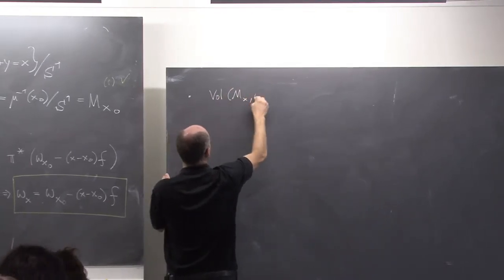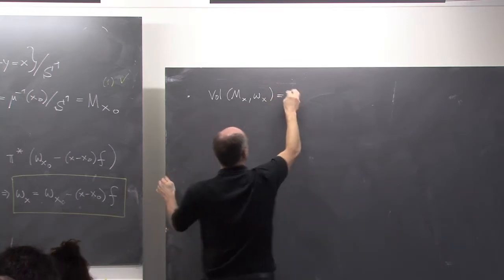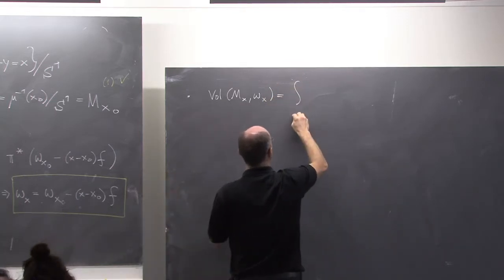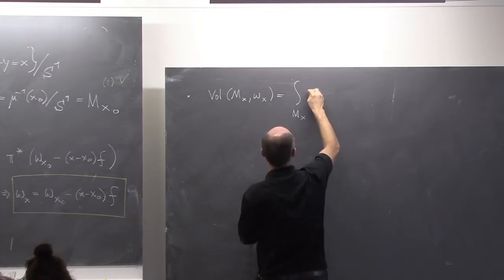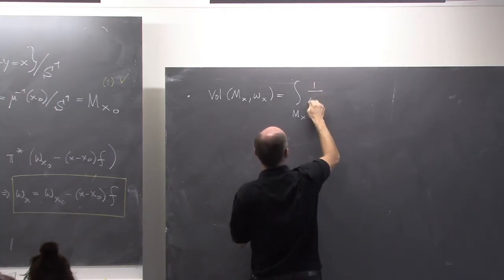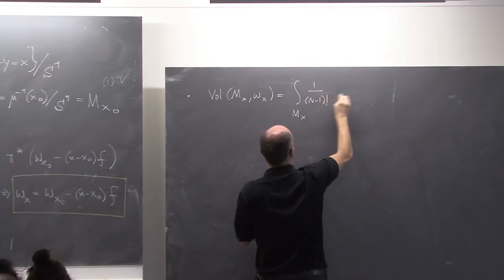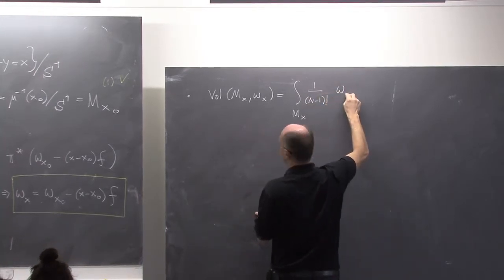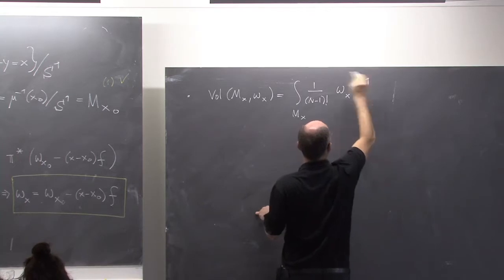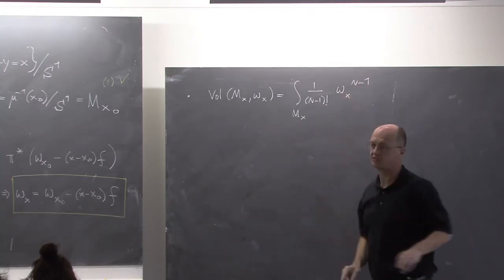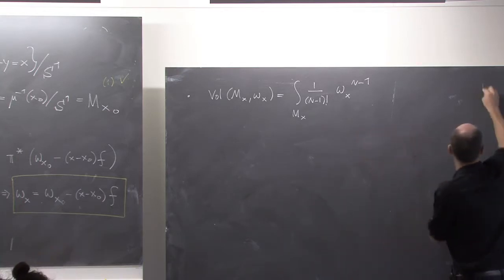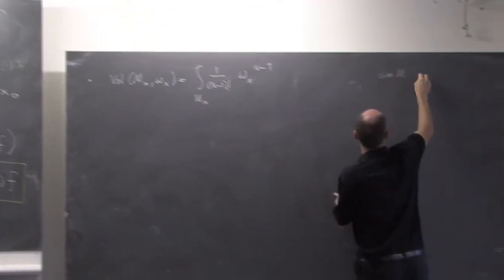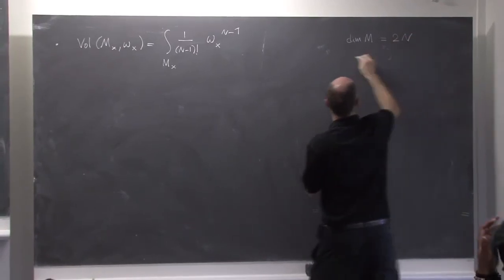So let's take the volume function, which is an integral over M_x of 1 over (n minus 1) factorial omega_x to the power n minus 1. So why do I have here n minus 1? So the dimension of M is equal to 2n.